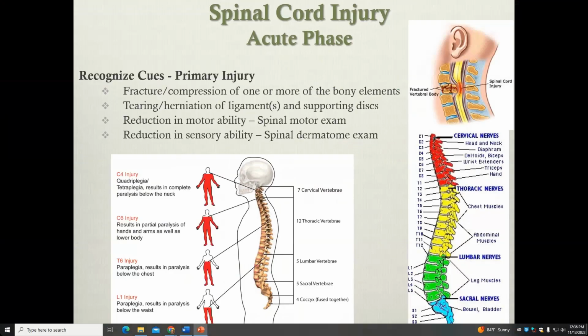So any injury above here is going to cause bowel and bladder issues because with every injury below, something's missing. And so every spinal cord injury is going to have bowel and bladder issues because it's at the bottom of the nerves coming out of the spine, and they are usually affected. So unless you have just a sacral injury, which you're not even going to be in the ICU for a sacral injury.